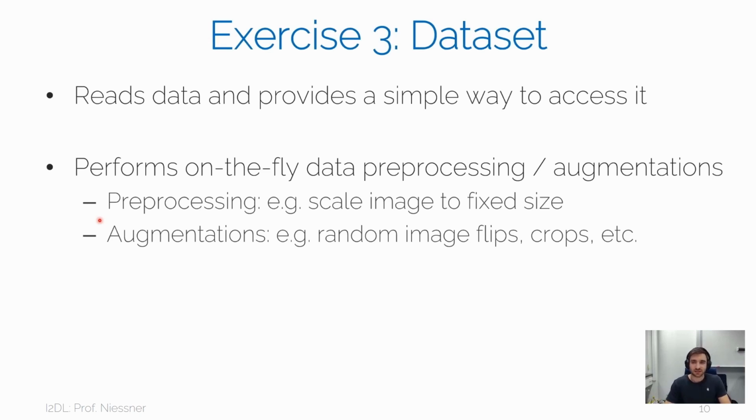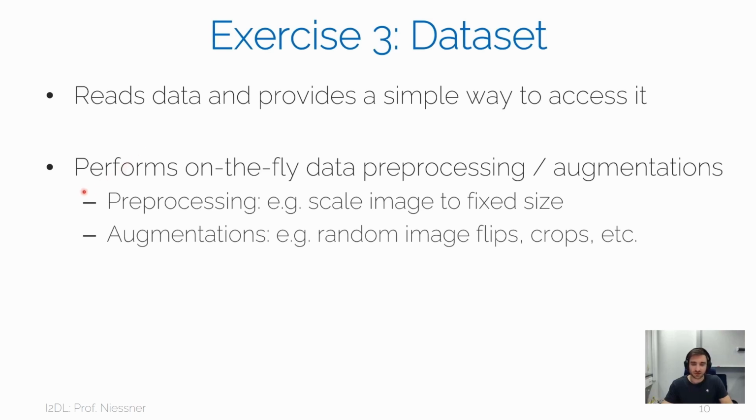The task of the data set is to provide easy access to your raw data and also to perform some pre-processing. Concretely, the data set should read individual samples from disk and provide an easy interface to the data.